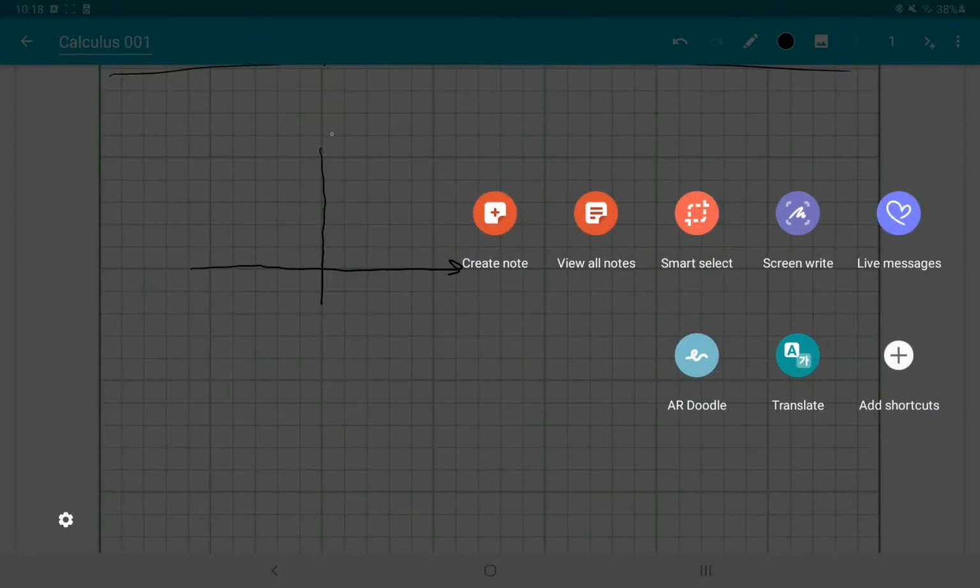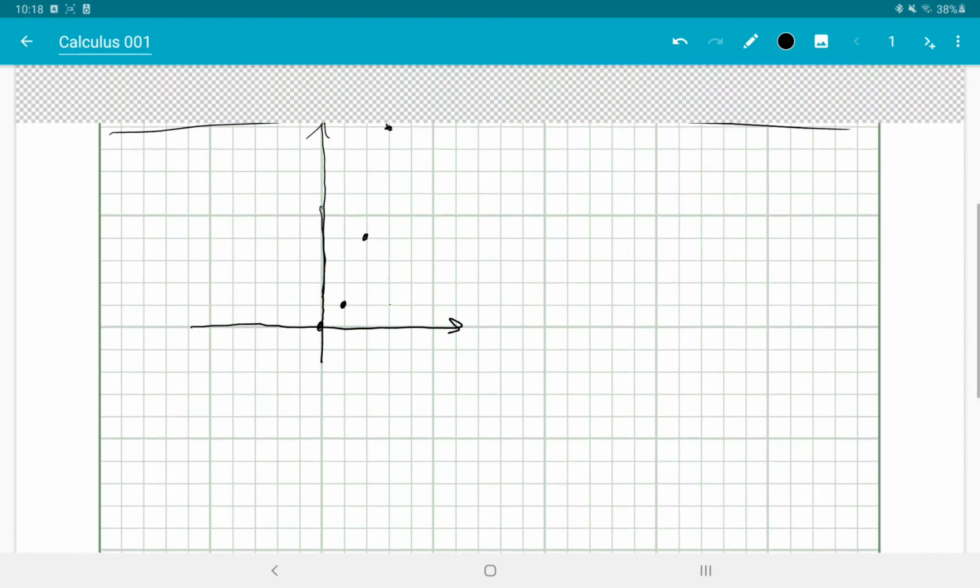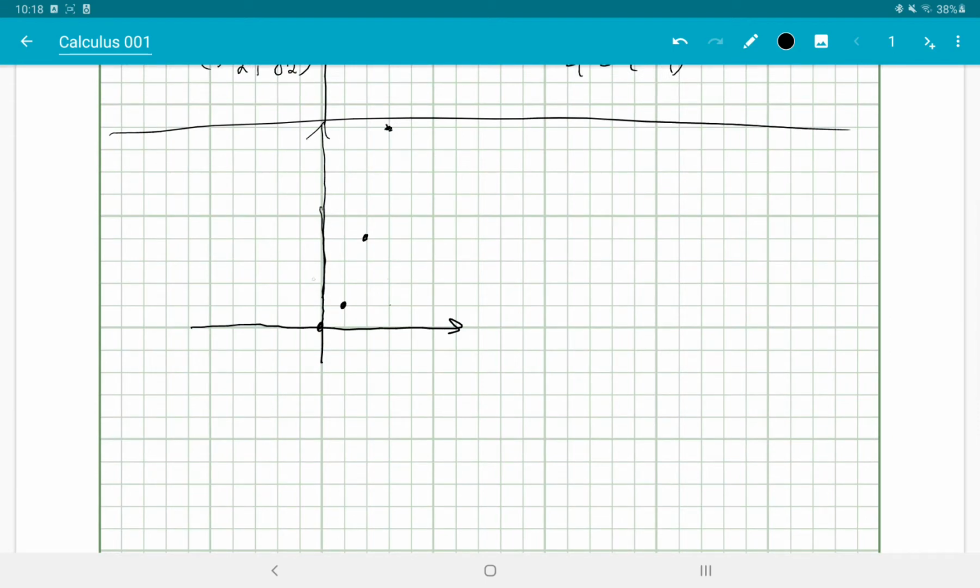I need some more line. So 0, 1, 2, 4, and 1, 2, 3, 4, 5, 6, 7, 8, 9 up there. And same thing on this side. We'll reflect it. Check it out. Get a parabola. It's a very ugly parabola, but the points are there, and that's the important thing.